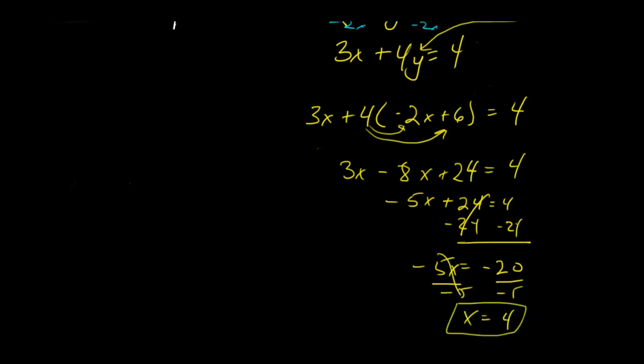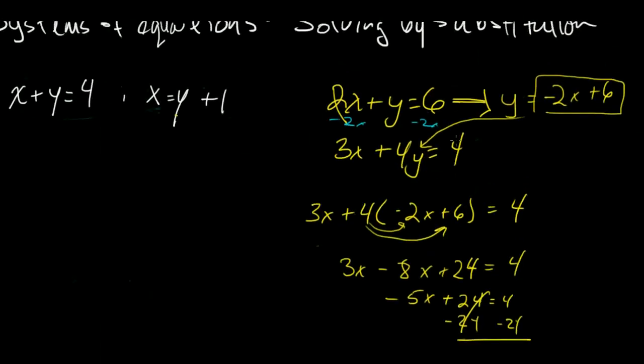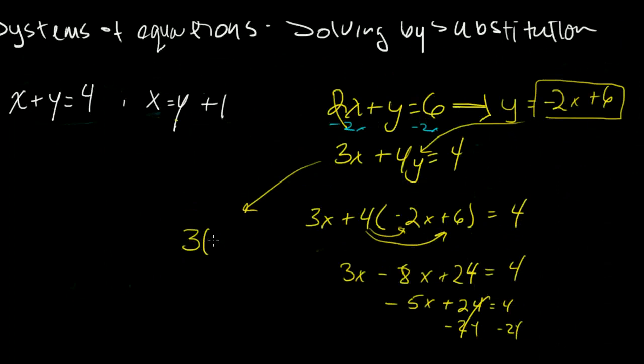Cool, x is 4. So now I can substitute that back into one of the two equations. Let's use this one here and say that 3 times 4 plus 4y is equal to 4.